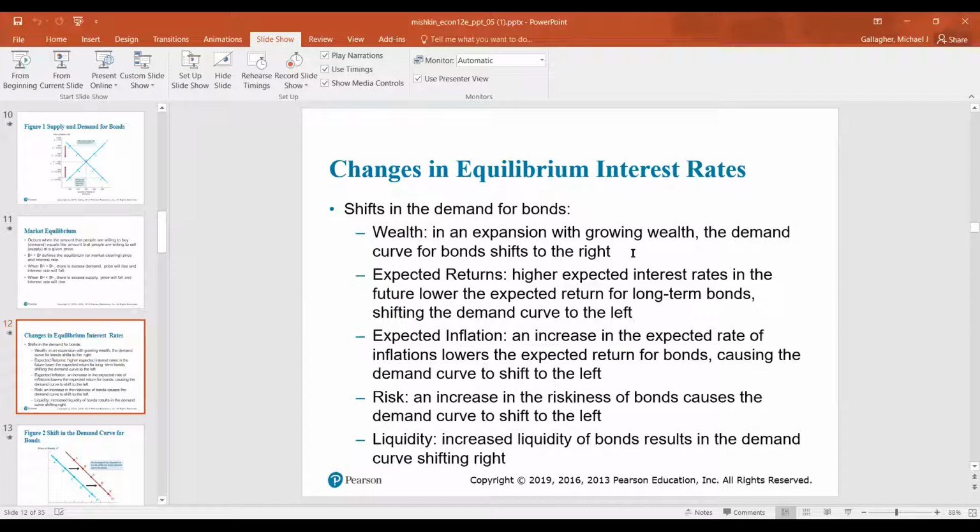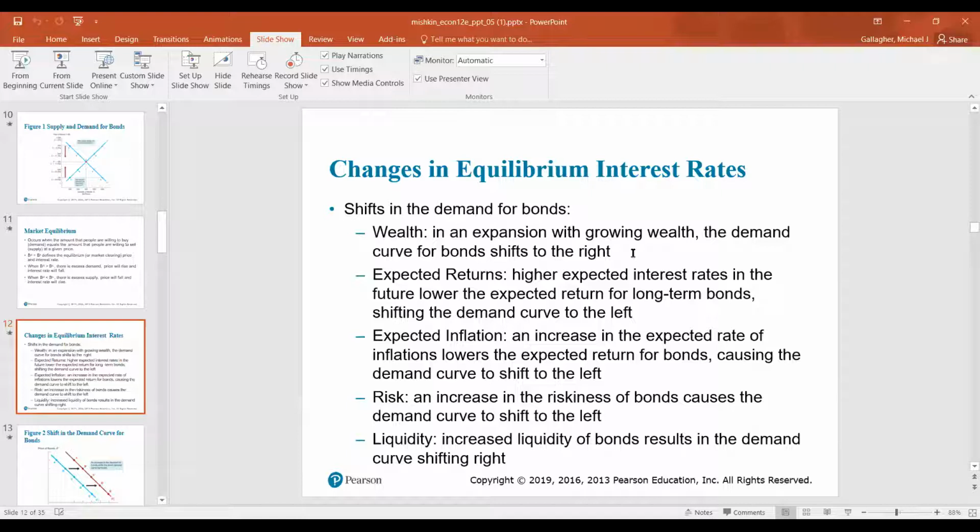If we all have more money, in a prosperous economy, the demand for bonds will increase at every price. That means the curve shifts to the right. Similarly, if the economy were bad, the curve would shift to the left.